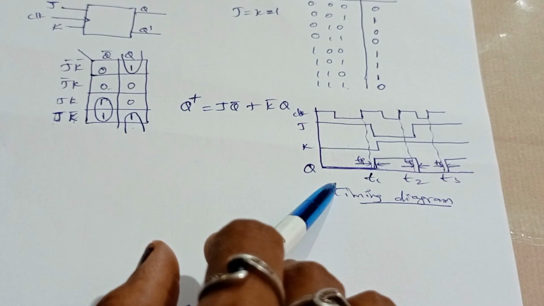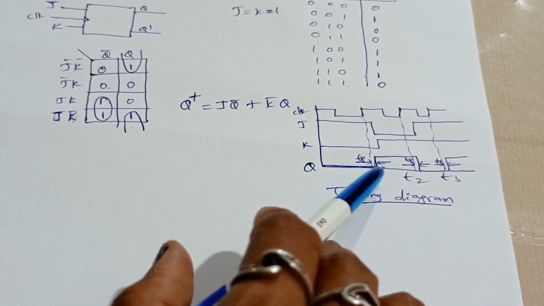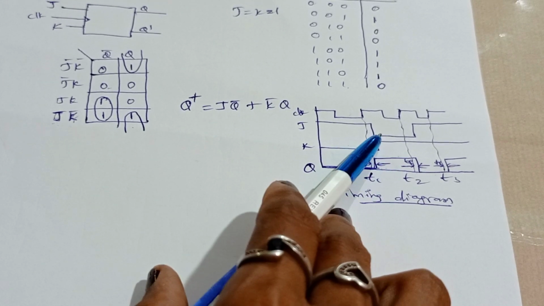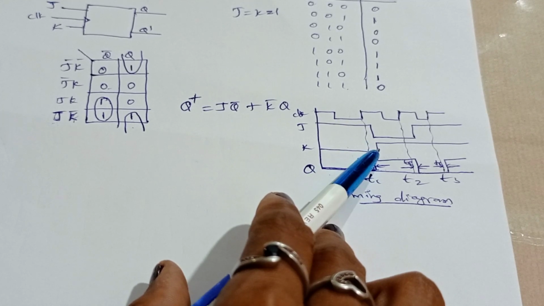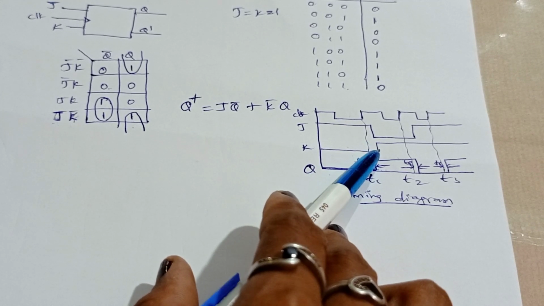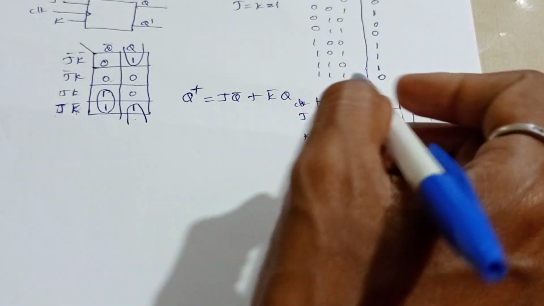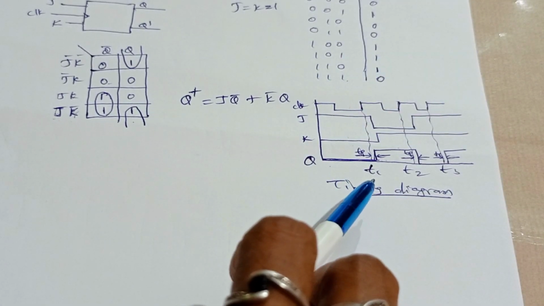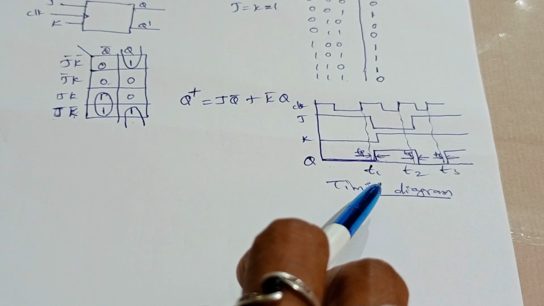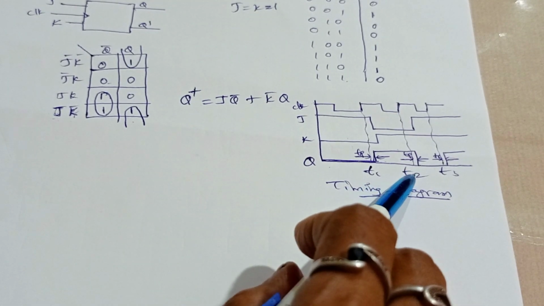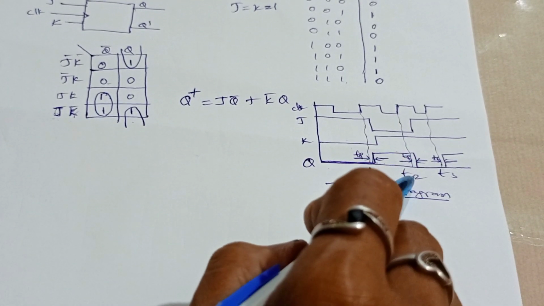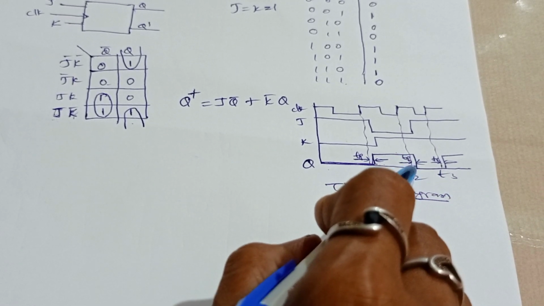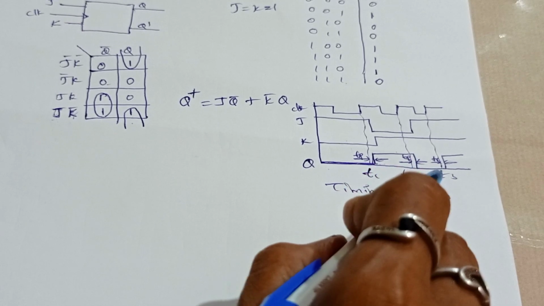Because Q is equal to 1, here Q is equal to 1, J is equal to 0 and K is equal to 1 before the second rising clock edge, Q changes from 1 to 0 at T2. See here at T2 Q is changing to 0.